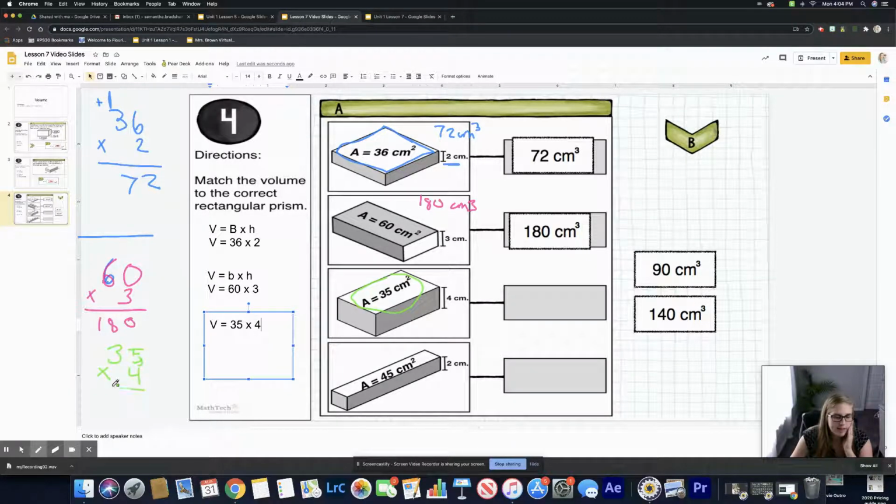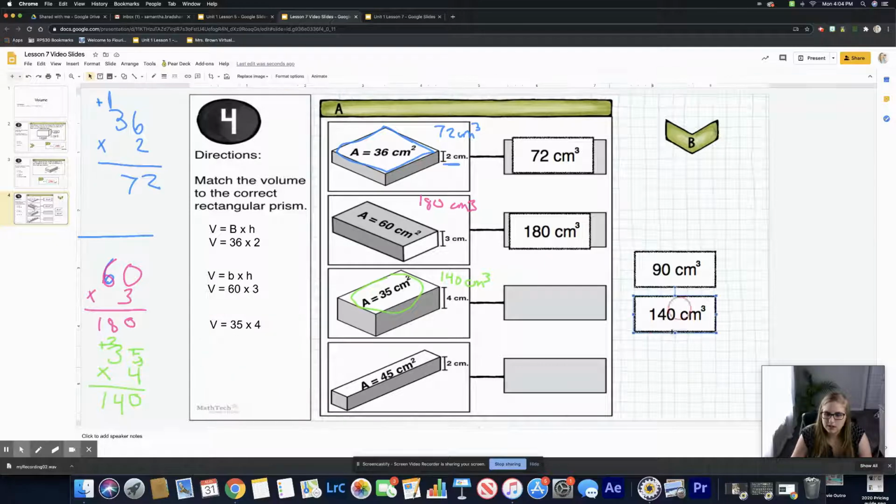Well, I know 5 times 4 is 20. Put my 0, carry my 2. 4 times 3 is 12, plus 2 is 14, so 140. So I know that the volume of this problem is 140 cubic centimeters, or centimeters cubed. Let's see if that's an answer. It is, so I can drag that.